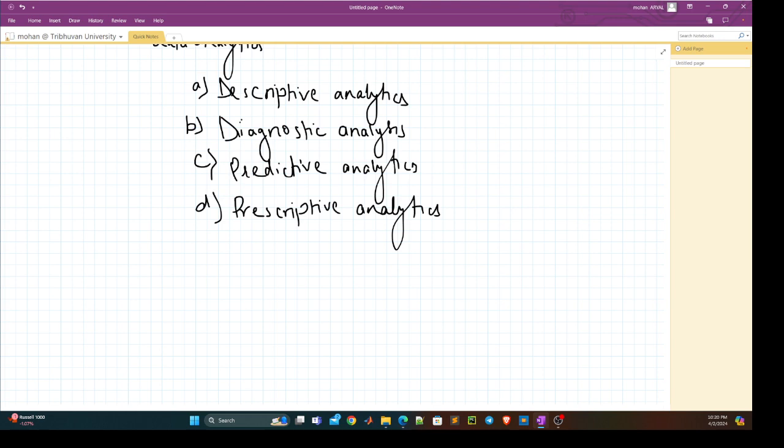In level of difficulty, prescriptive analytics is much more difficult than descriptive analytics, because to implement things is much harder than just to know the cause of why it happened, right? So this much for analytics.